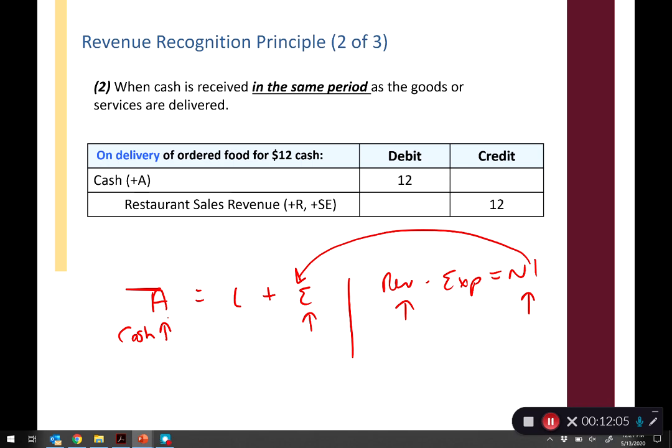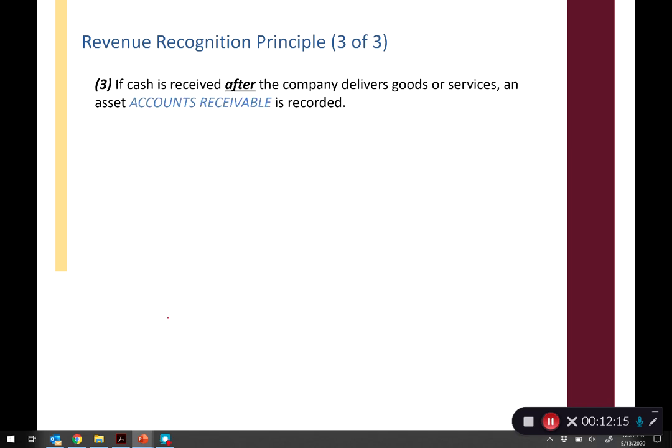So again, setting up our accounting equation allows us to first think English, what goes up, what goes down, and then we would convert it to debits and credits. The last conceivable scenario is we provide the good or service and then get paid for it after. So when this happens, if I do out my accounting equation, if we provide the good or service, we earn revenue, which makes net income go up, and in turn, equity goes up.